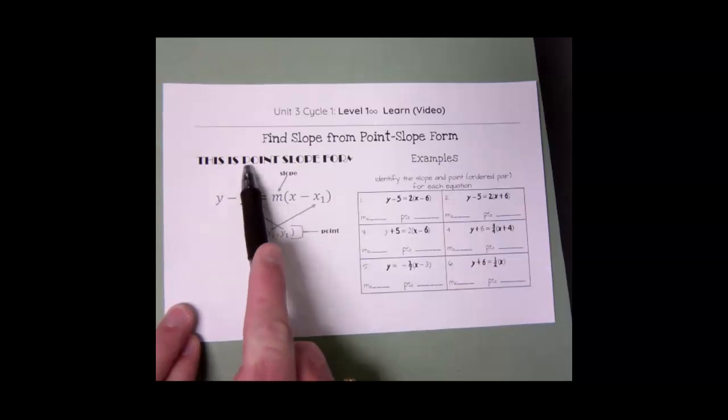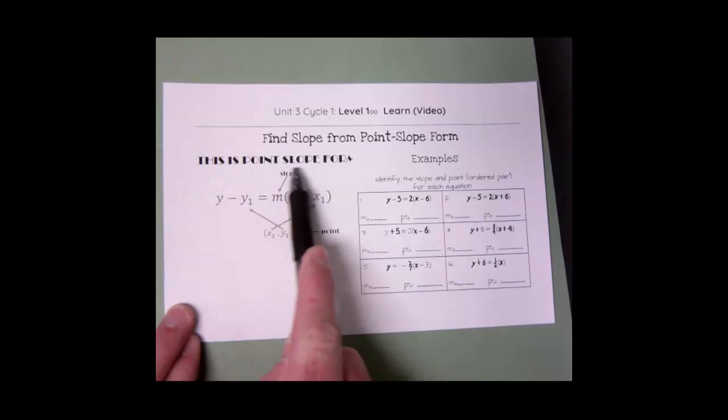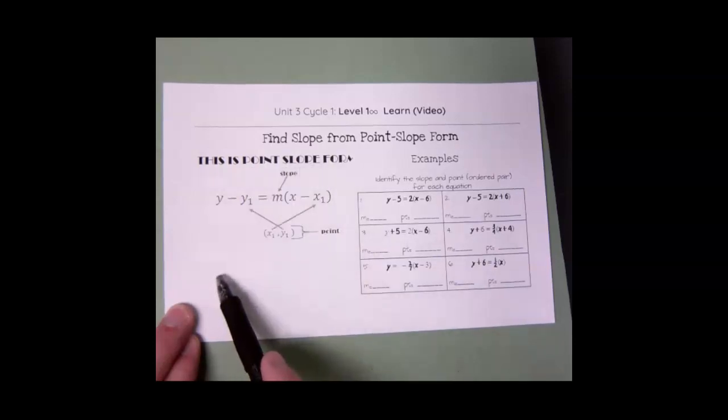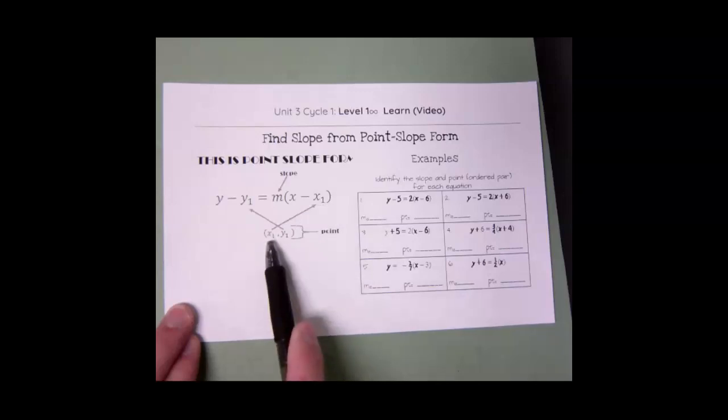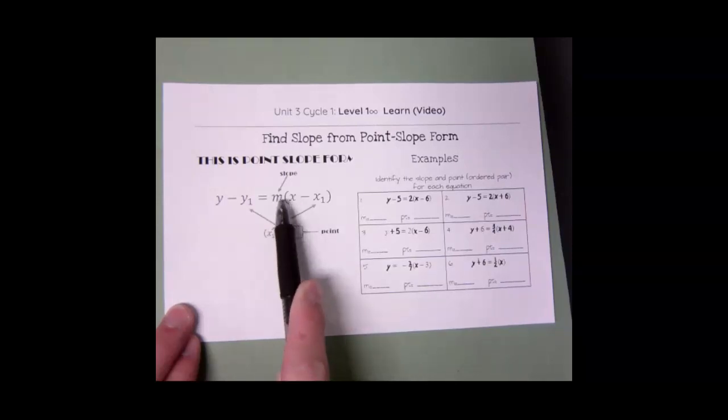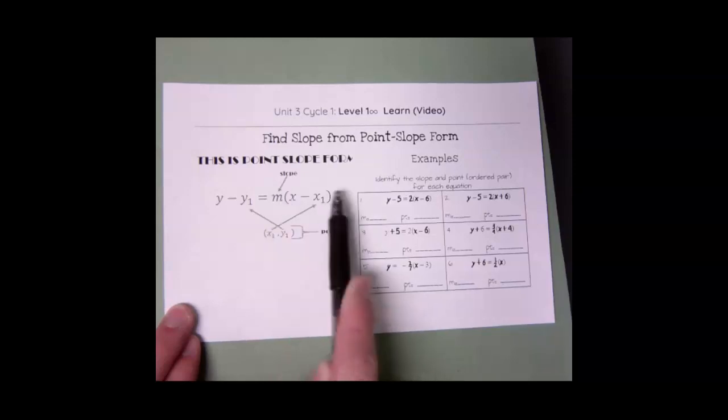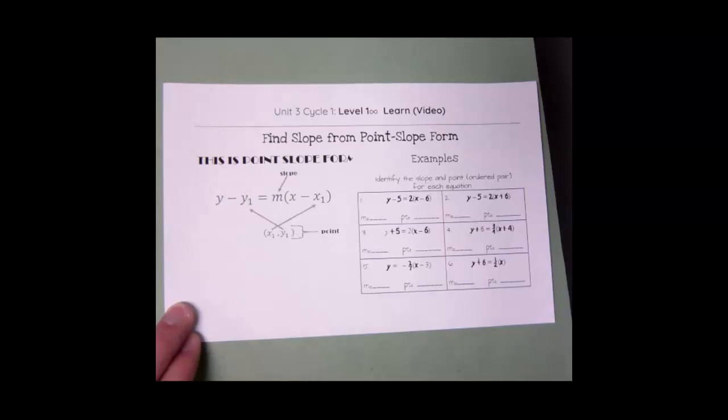As we have in the name, we have a point and a slope. Our point is the x1 value and our y1 value. That's our point. We have an x value and a y value. Our slope is just the m. It's the number in front of the parentheses right here. Just the m value, the slope.